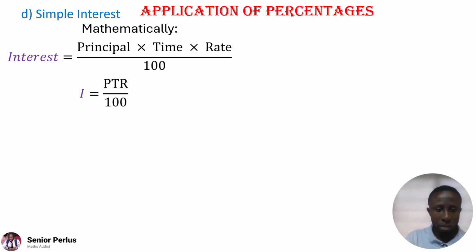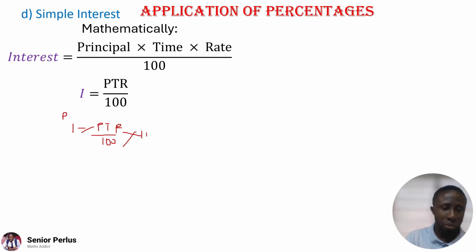If I want to find the principal, I start from interest equals PTR out of 100.